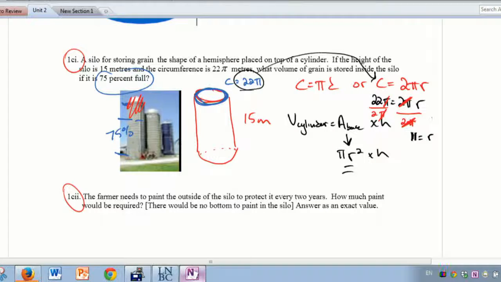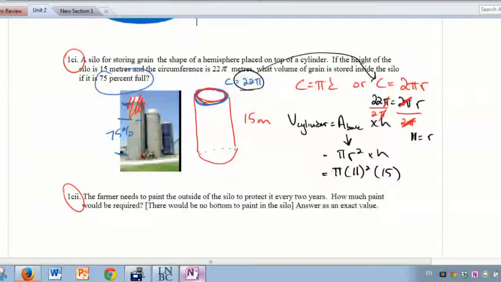Now I can plug that into my r and then multiply it by the height of the silo. So I have pi times 11 squared, and then I'm going to multiply that all by the height, which is 15. 11 squared is 121. Multiply that by pi.